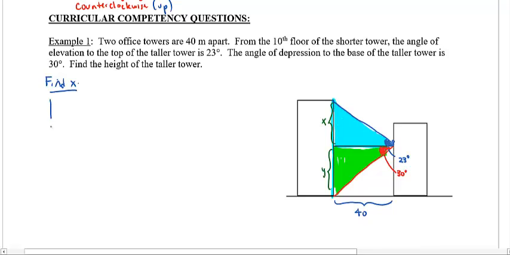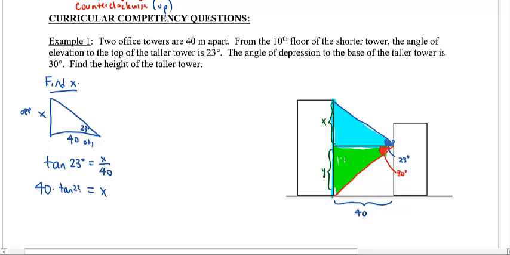The triangle in question: x, 23 degrees, and we also know that the horizontal base is 40. What trigonometric ratio should we use? Tangent, I heard someone say. Good, because this is the opposite side and this is the adjacent side. So x equals 40 times tangent 23. And what does that equal? Hello, calculator.